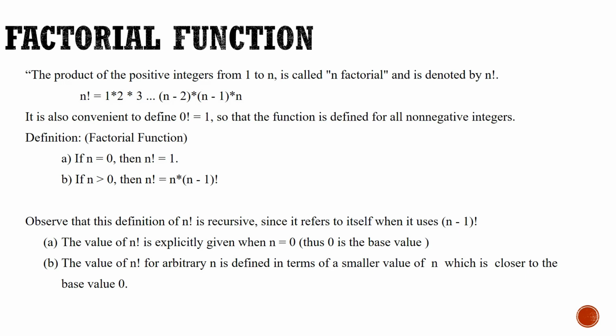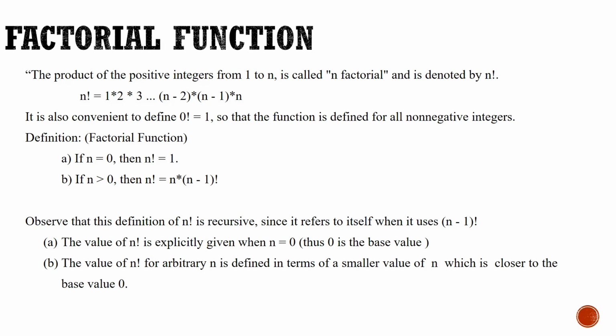Then the second case, for all the rest of the cases. Suppose I want to find the factorial of 5. How to find that? 5 multiplied by factorial of 4. Next, 4 multiplied by factorial of 3. Next, 3 multiplied by factorial of 2. So if you make it general, n multiplied by the factorial of n minus 1.